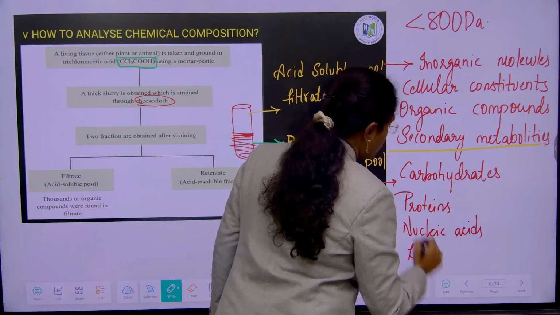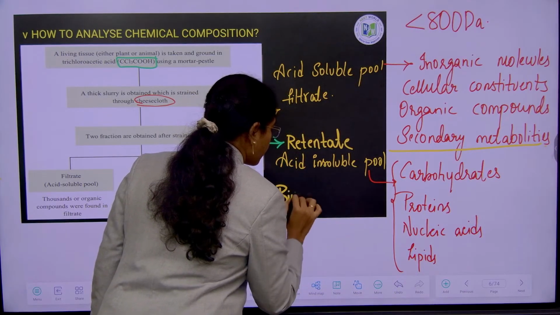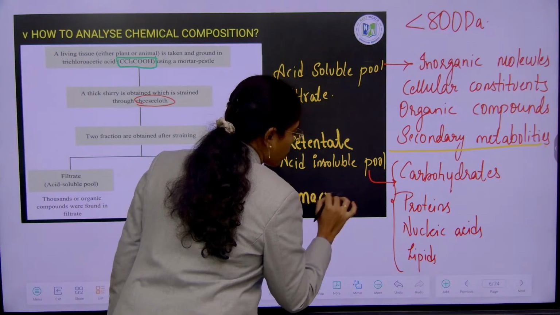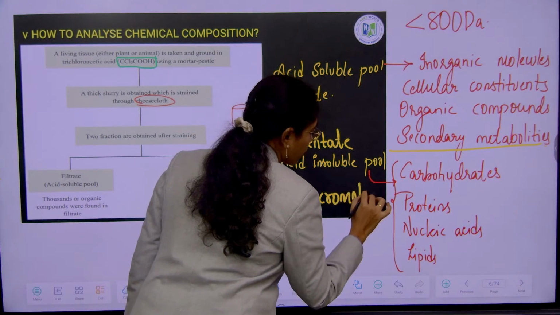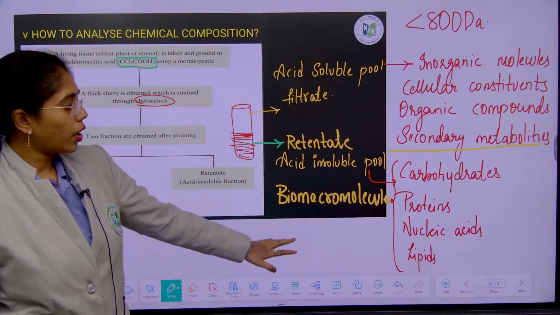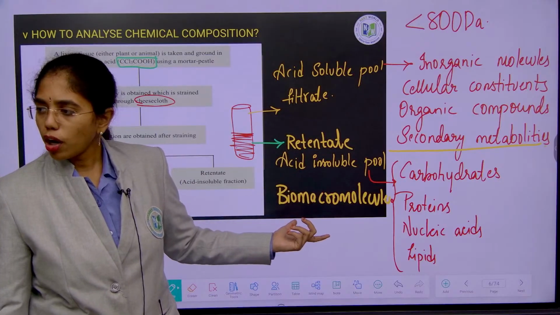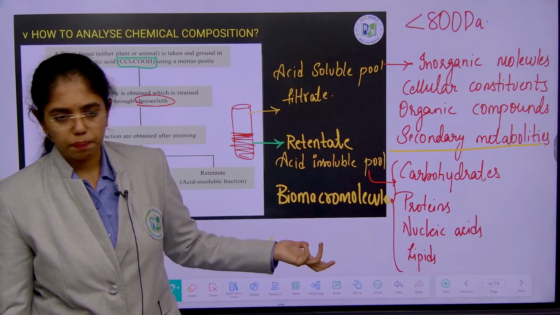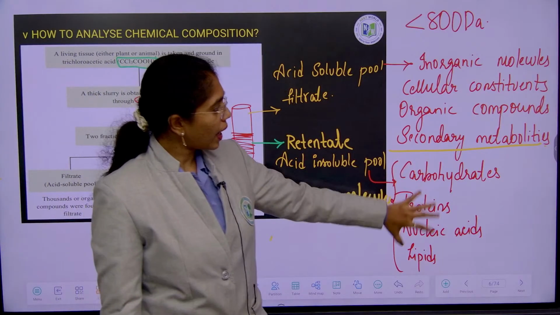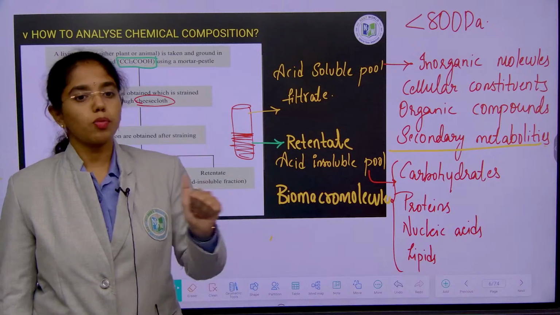All these are known as what? Biomacromolecules. All the biomacromolecules are obtained in the acid insoluble pool. Biomacromolecules or biomolecules, one and the same? How are they different from this? Can anybody tell me? First is molecular weight.